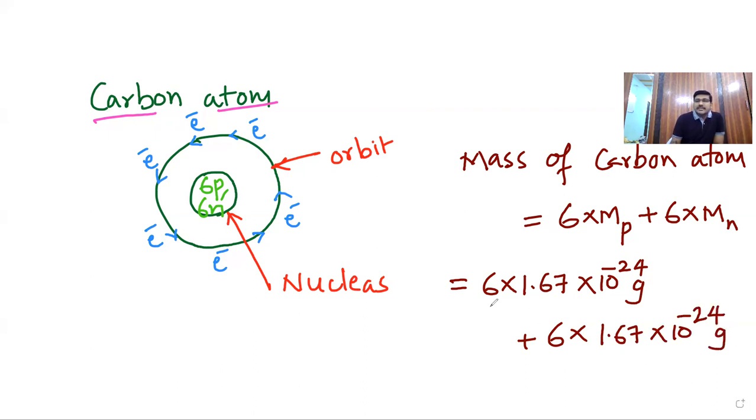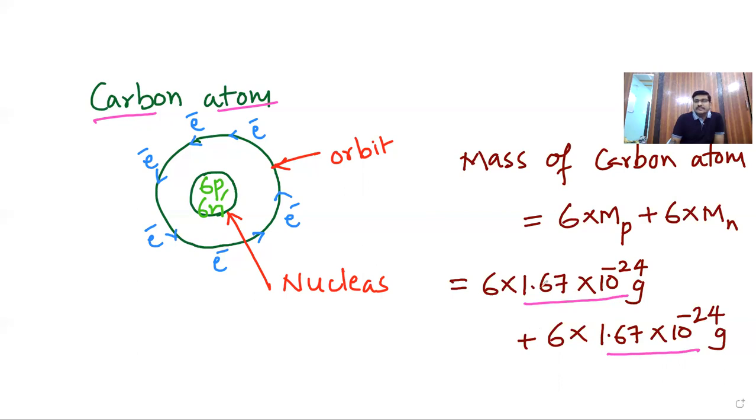Clear? Both are equal values. Always, for all calculation purposes, mass of proton is taken equal to mass of neutron. Generally, mass of neutron is slightly more than the mass of the proton, but in calculations we assume both are equal.